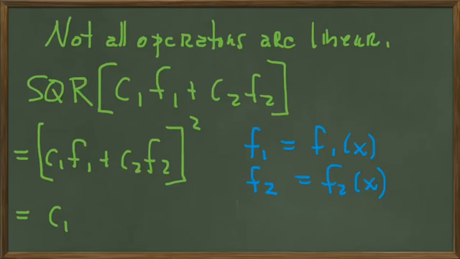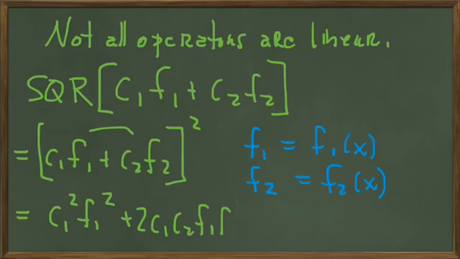So it's c1 squared f1 squared, that's first. Inner plus outer is this twice, so it's 2 c1 c2 f1 f2 plus c2 squared f2 squared.